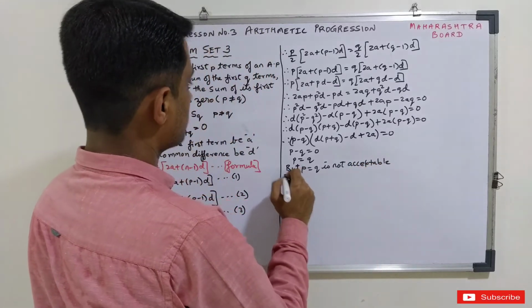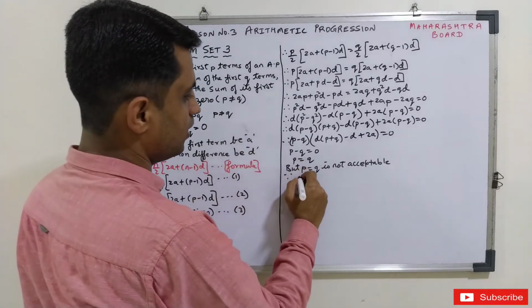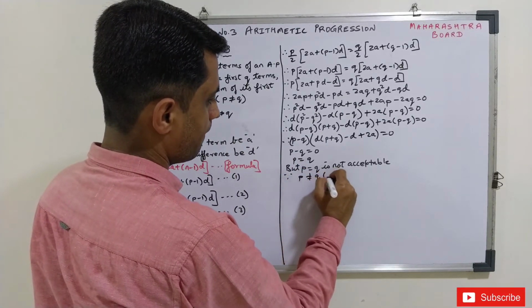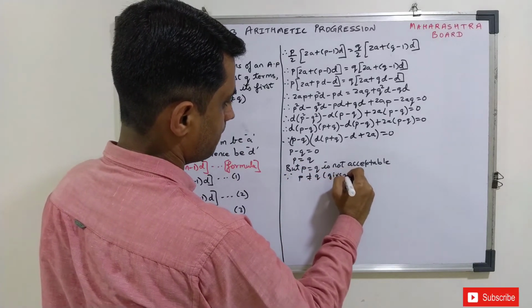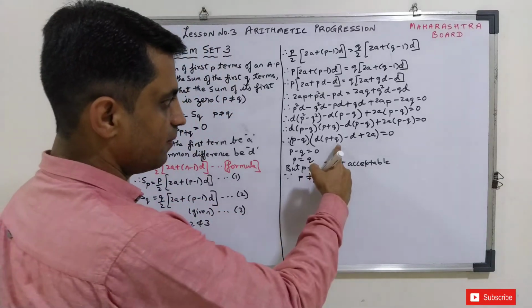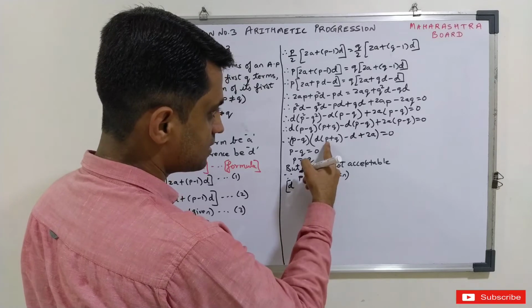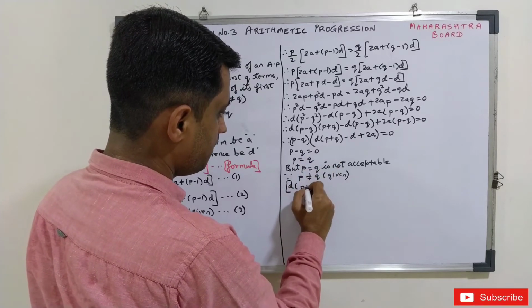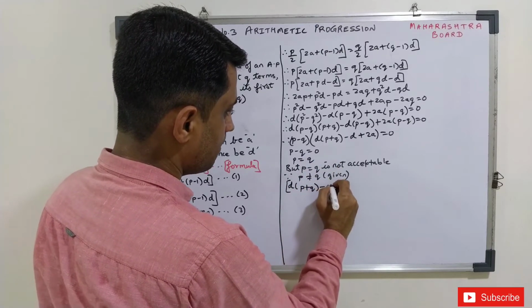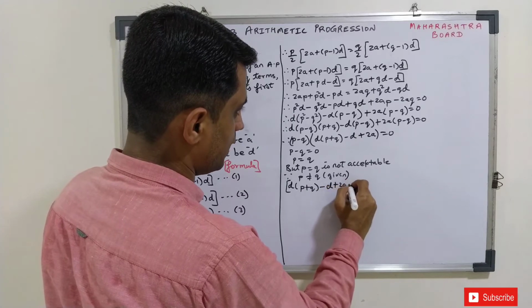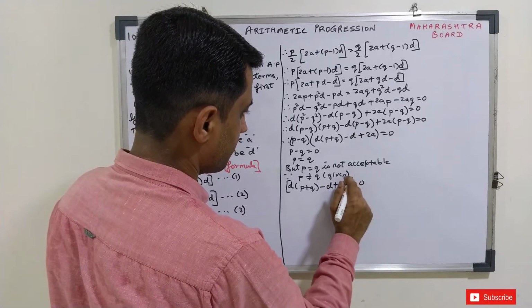Why? Because P is not equal to Q, given. So what will be equal to 0? This part. D(P plus Q minus 1) plus 2A is equal to 0.